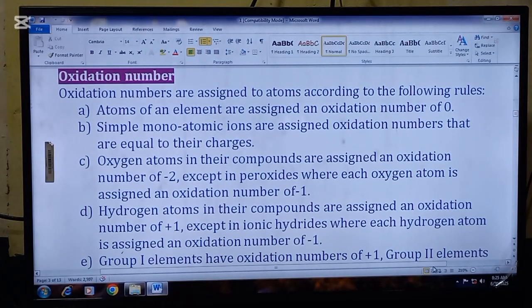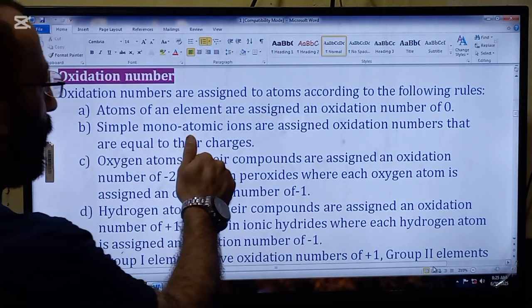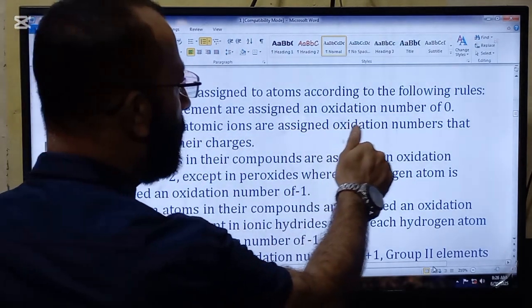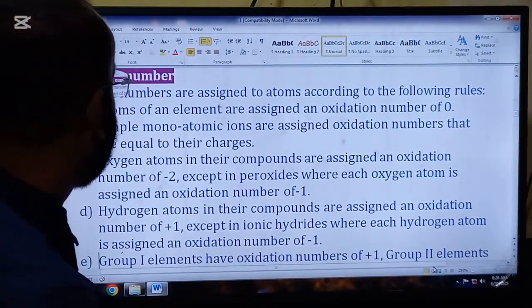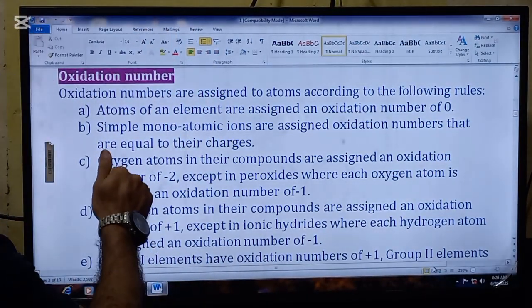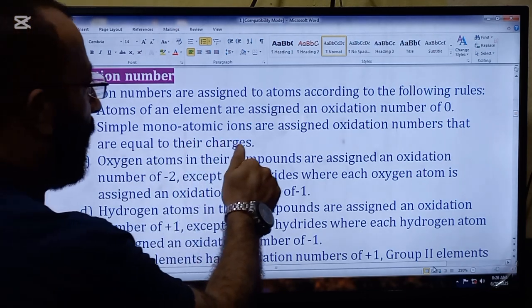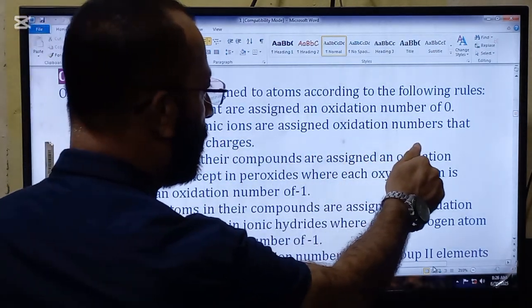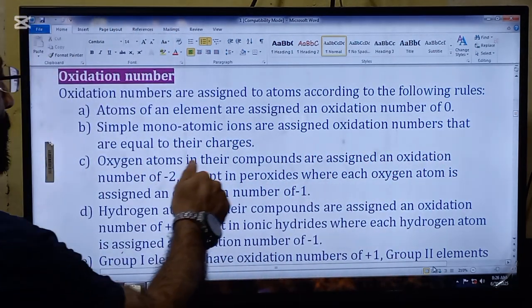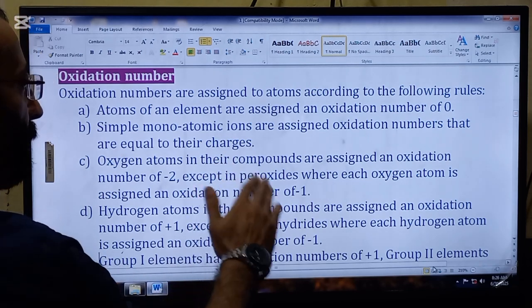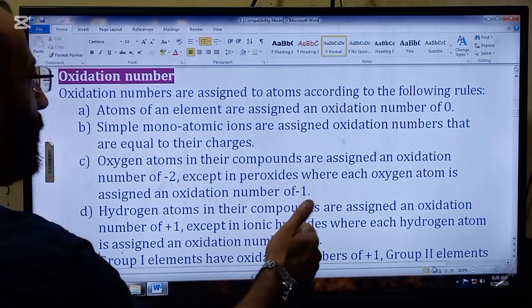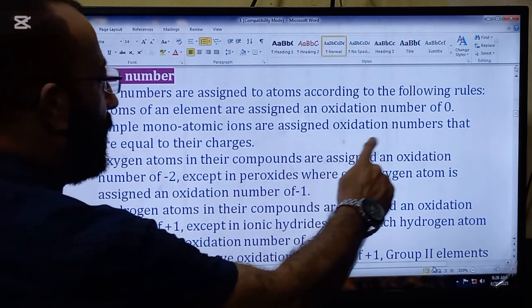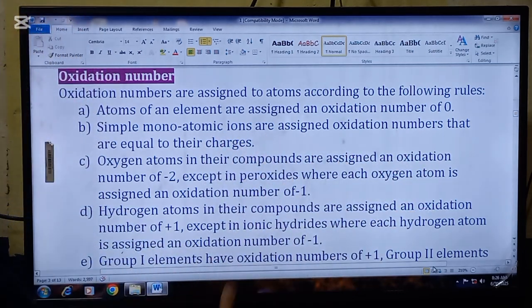The first rule is atoms of an element are assigned an oxidation number of 0. So this is the first rule. Second rule, simple monoatomic ions are assigned oxidation numbers that are equal to their charges. So it means whatever the charge of a monoatomic ion is, that will be equal to the oxidation number.